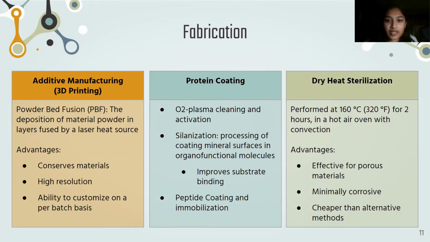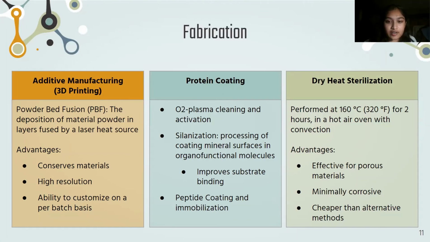For our protein coating, in order to effectively coat this device, we have to first prepare the screw by activating the surface with oxygen plasma cleaning, and then silanization, which is the process of coating a mineral surface with organic functional molecules.